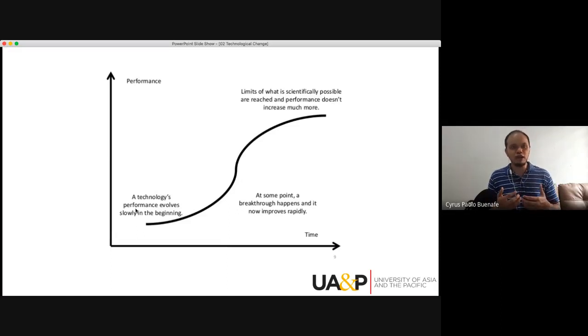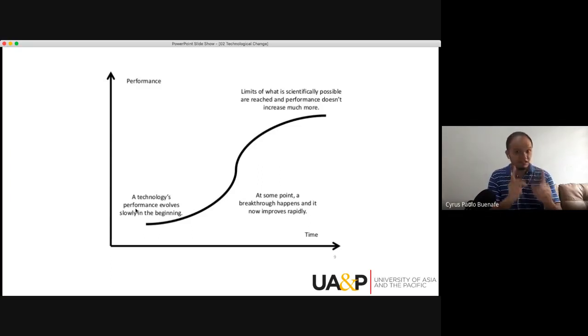You have to let that user learn the technology a bit, so that will take time. Then based on the learning that he or she has acquired, improvements start to kick in. Then you get some ideas: I can probably improve it in this area, in that area, and so on. That's why it's slow at the very beginning.